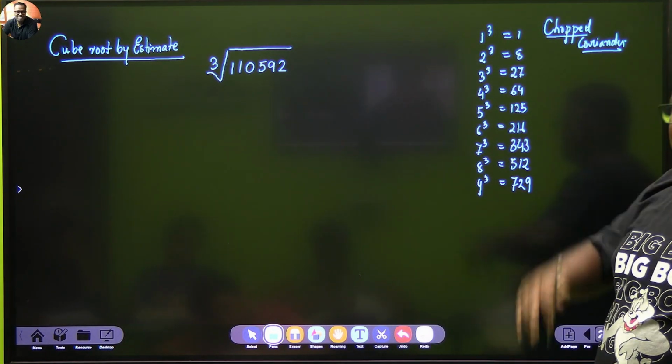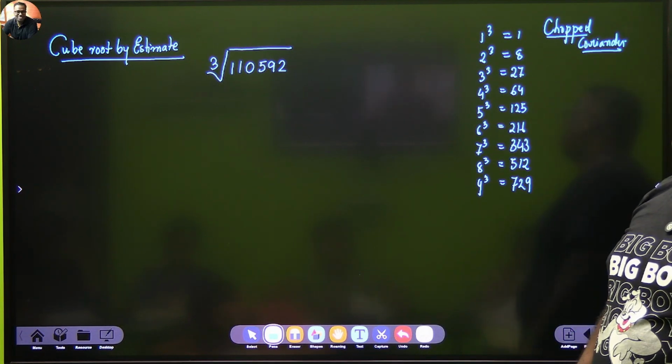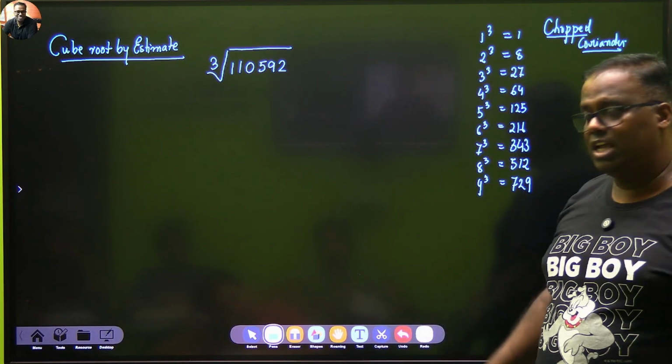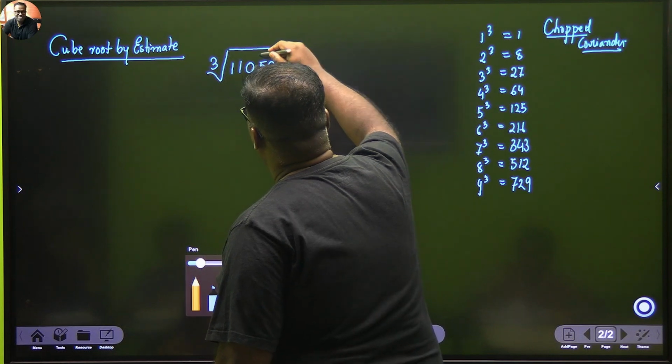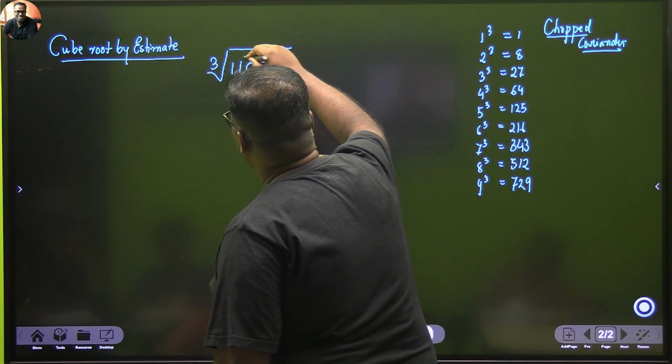The first step: in square roots we used to form pairs. Here we'll form triplets, starting from the right as far as possible. If I start forming a triplet from the right side, this is one triplet, and then this is one more triplet.